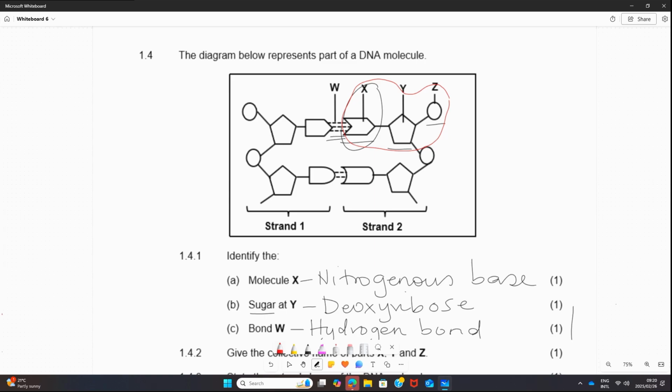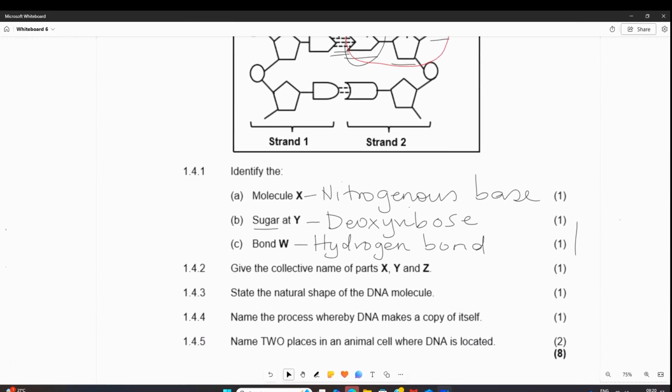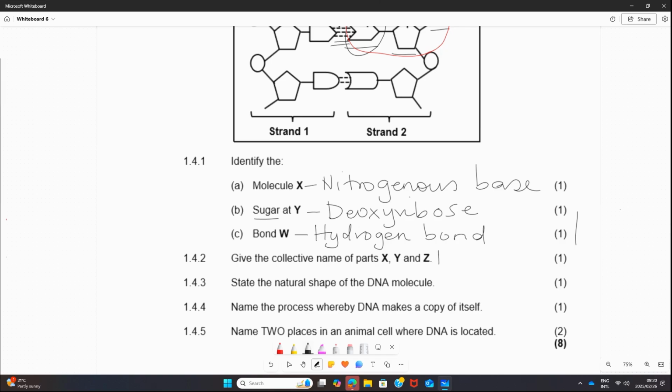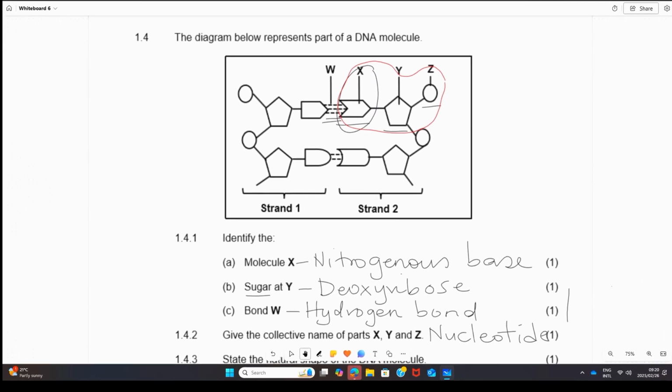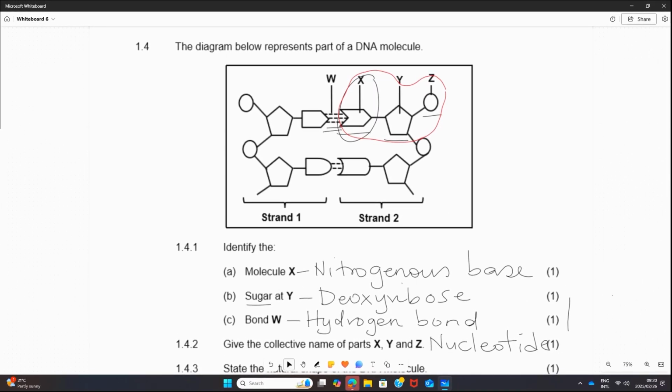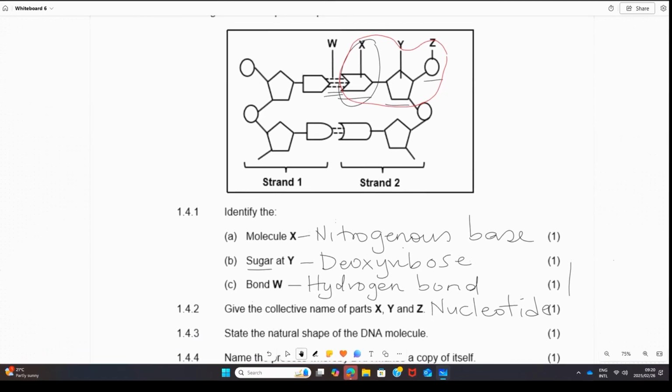That is what we call a nucleotide. It's called a nucleotide, which is a basic unit of the DNA molecule. And if you look in the diagram above, we have about 4 nucleotides, because each nucleotide is made up of a phosphate, a sugar, and a nitrogenous base. So you find 4 nucleotides in the above molecule.